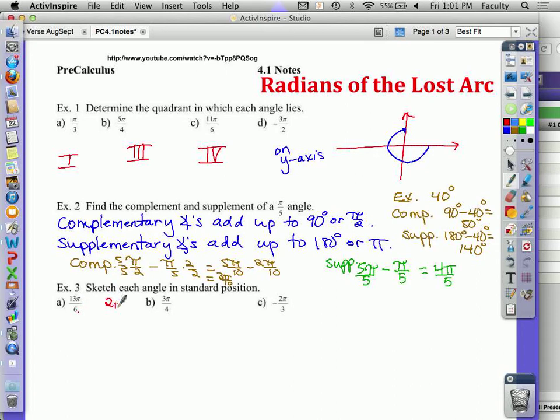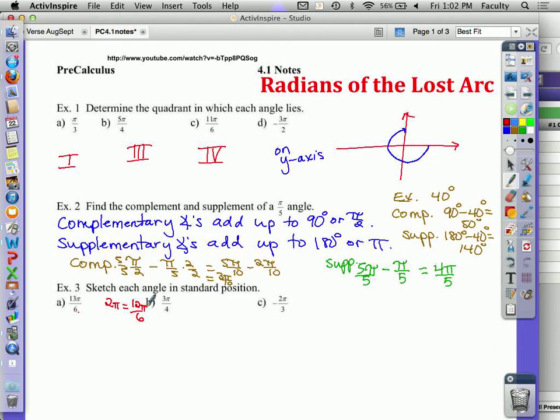So with 13 pi over 6, I don't know just looking at that. I need to think about what 2 pi would be if I had a denominator of 6. Wouldn't that be 12 pi over 6? Then you see I can tell pretty easily that it's more than one time around, but how much more is it?